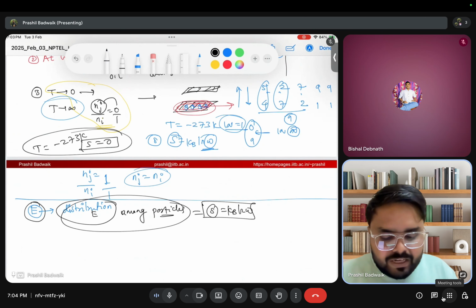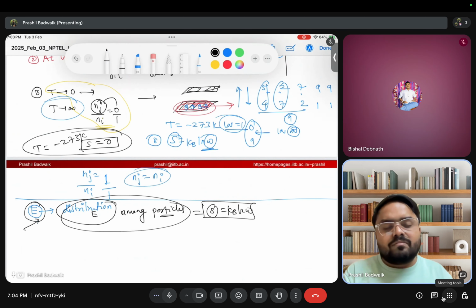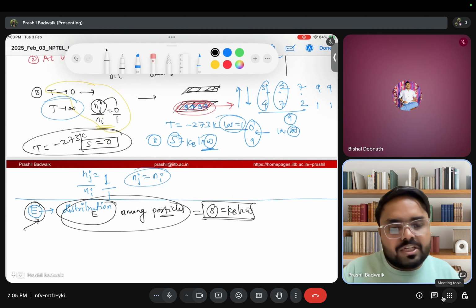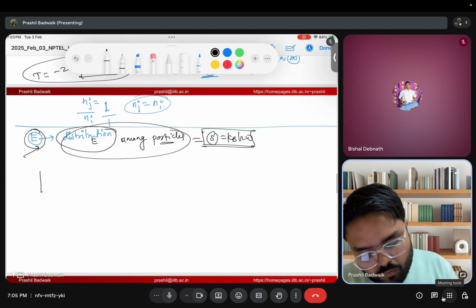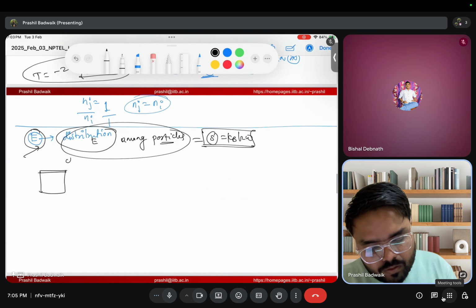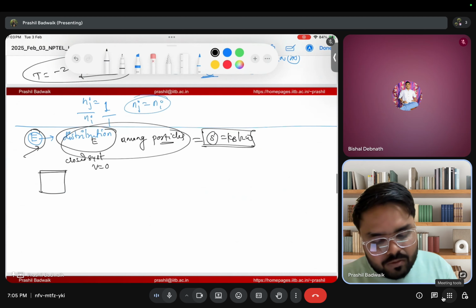Correct. Now if I change the E, what will happen? I will change the distribution. If I change the distribution, that means entropy will change. So if I'm having water in a beaker, it is a closed system, volume is constant, right?